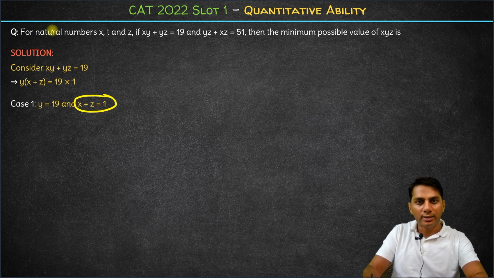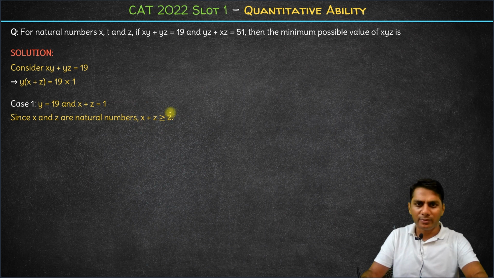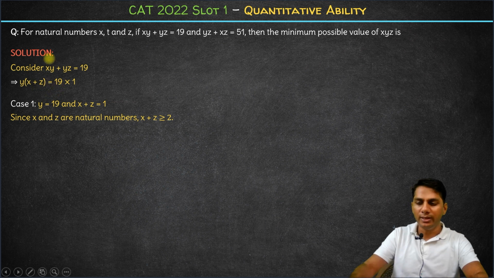x and z are natural numbers. The least possible value of x is 1, the least possible value of z is 1. So the least possible value of x plus z must be 2. It cannot be 1. Hence this case is rejected, because x and z have to be natural numbers and their sum has to be at least 2. The only possibility from here is that x plus z should be 19.